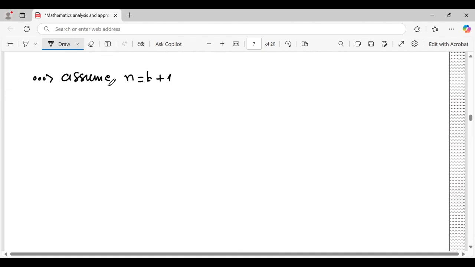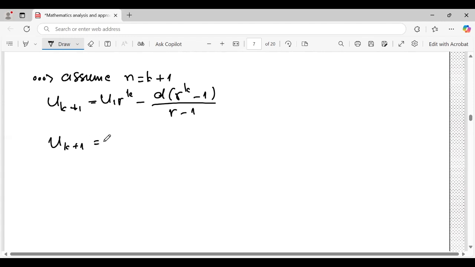For this inductive step, uk plus 1 equals u1 r power k minus d times r power k minus 1 over r minus 1. According to the information, uk plus 1 equals r times uk minus d.